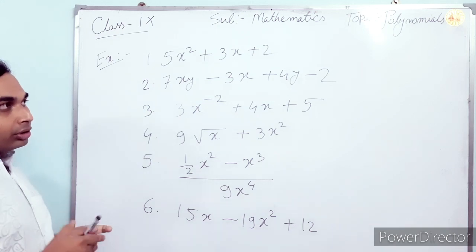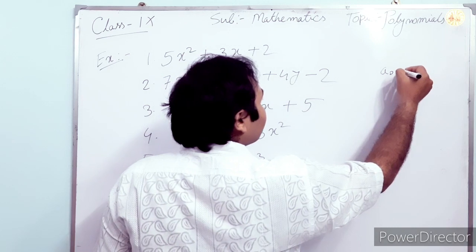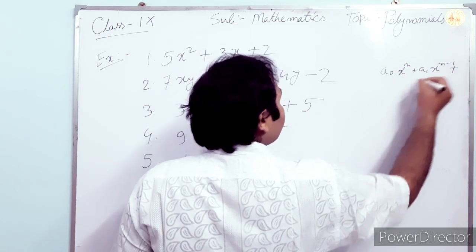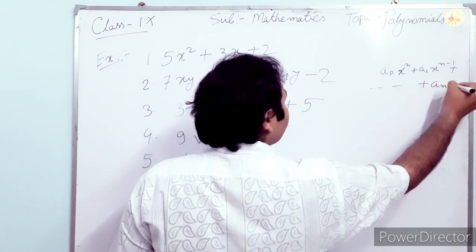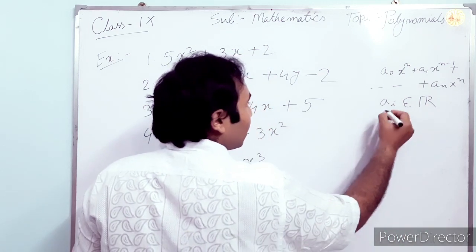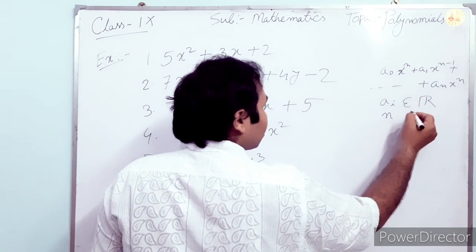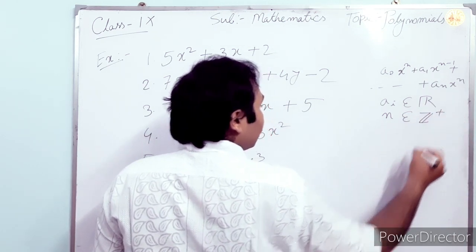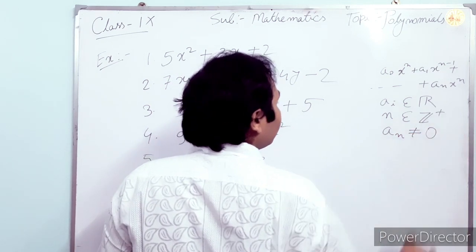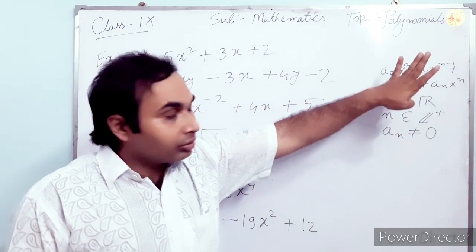I am just writing in short here: a0 x to the power n plus a1 x to the power n minus 1, like that, up to an, where ai belongs to R, that is the real numbers I have told, n is an integer in Z plus, and an not equals to 0. Those are the conditions and this is the definition.